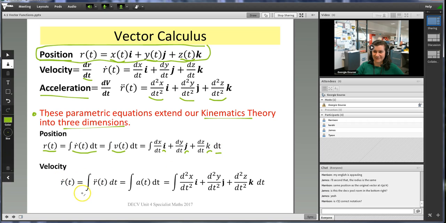If you're wanting to work out the velocity from an acceleration vector, you can take the antiderivative of that with respect to time, and you can just simply split it up and take the antiderivative for the i separately with respect to time, the j and the k.